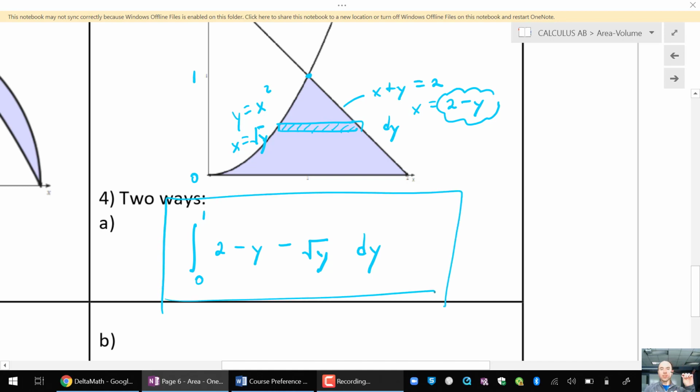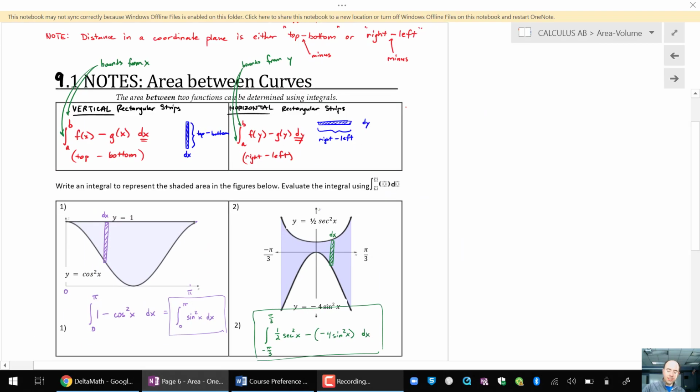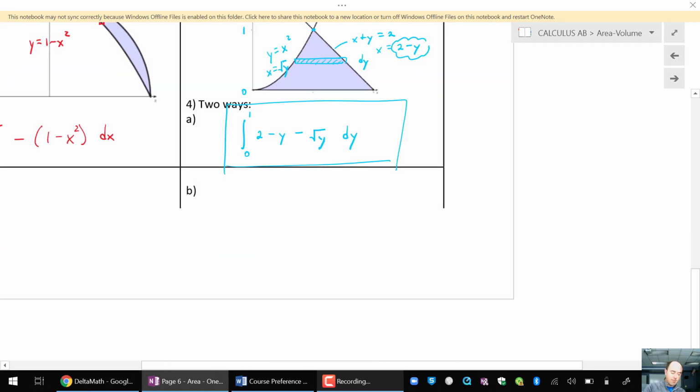If your strips go horizontally to map the region, you can also use integration in that manner to find the area. One really important idea here to note with all these integrals is that all must match. I have the bounds, the functions, and then the dy, I'll call that the width, the widths of the rectangles.